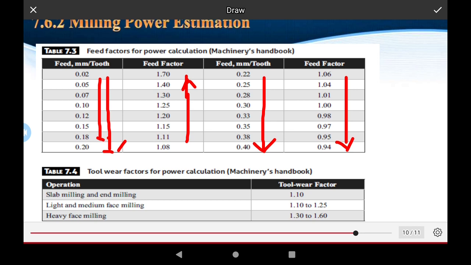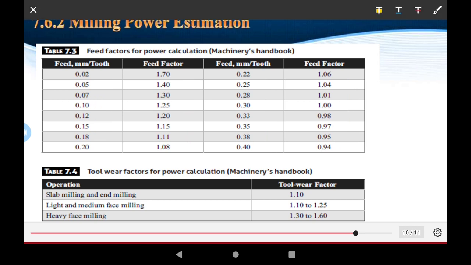For special operations, in slab milling and end milling the tool wear factor is 1.10. For light and medium face milling, the factor varies from 1.10 to 1.25.